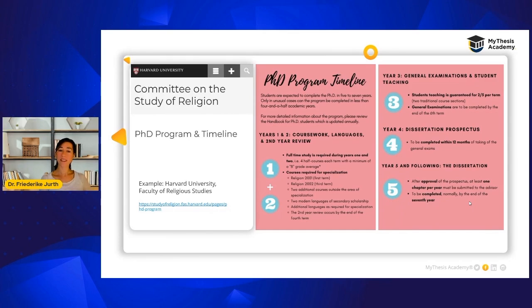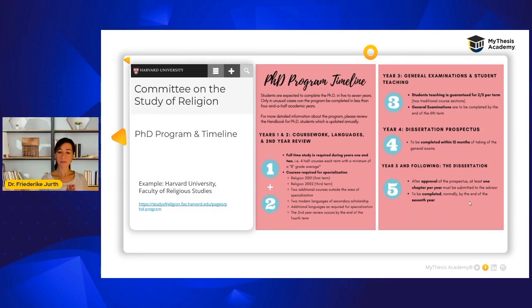The student teaching as a part of your professional training is like 2 traditional course sections, and the general examinations have to be completed by the end of the 6th term. The general examination will be on the courses that you took and will be some comprehensive examinations.